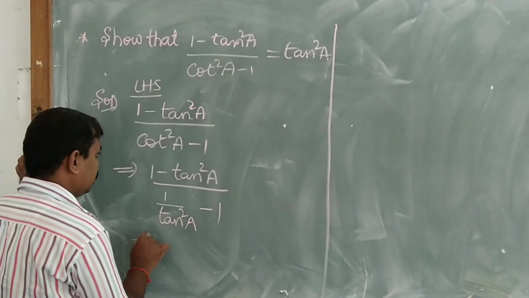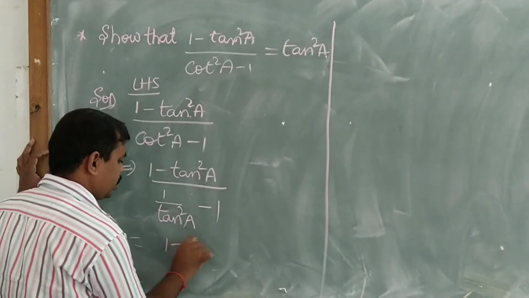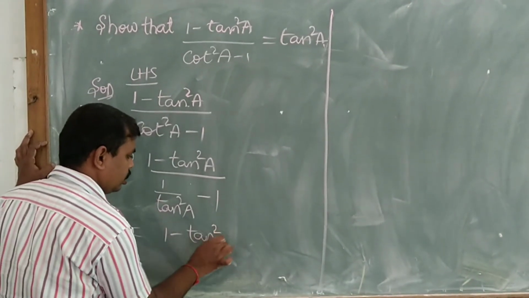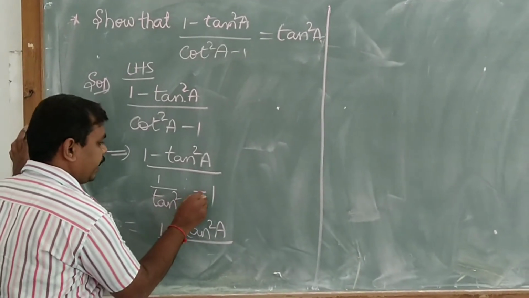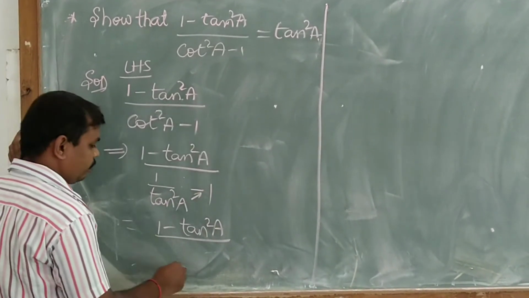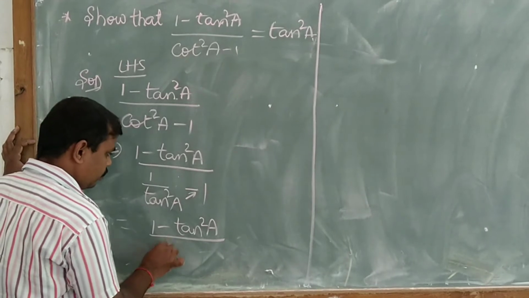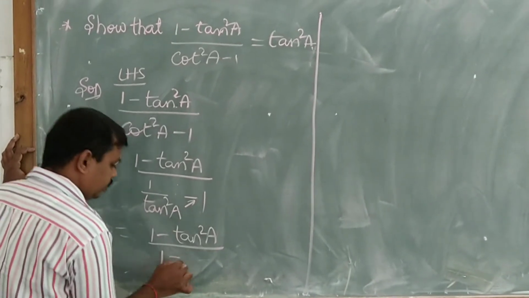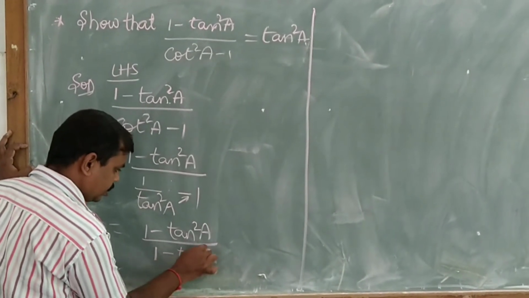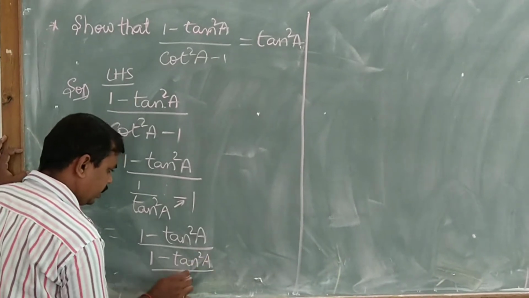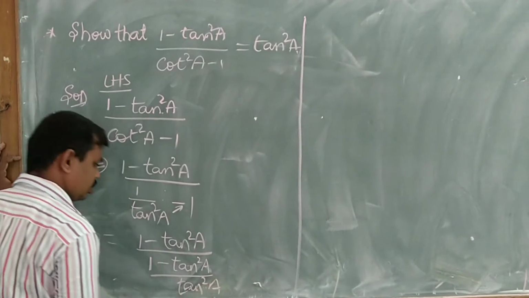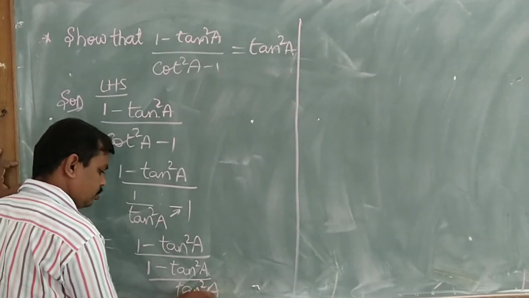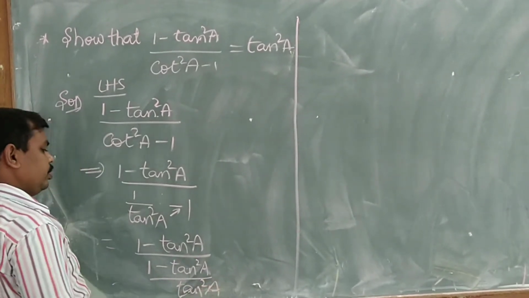That implies 1 minus tan square A by, take the LCM here in the denominator part. Why? Because we get (1 minus tan square A) by tan square A in this form. Okay students, this is our step.